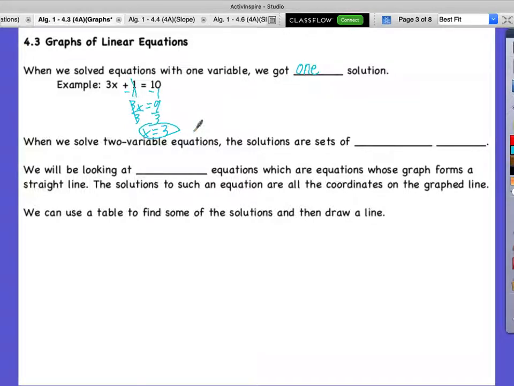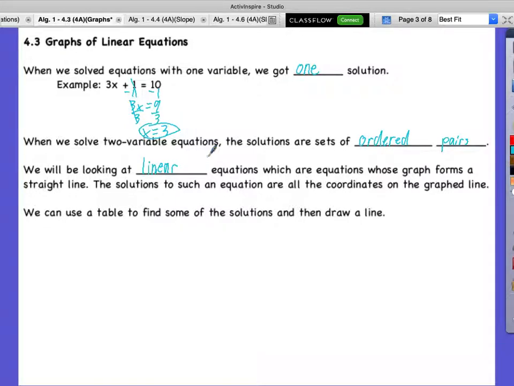When we solve two variable equations like x and y, the solutions are sets of ordered pairs. We've seen that a little bit. We'll be looking at linear equations, and we'll learn why we call them linear equations, which are equations whose graphs form a straight line.